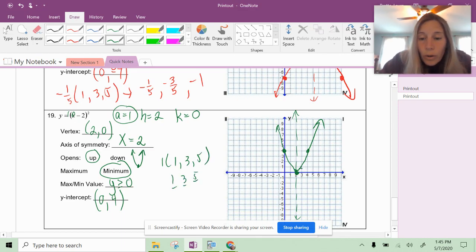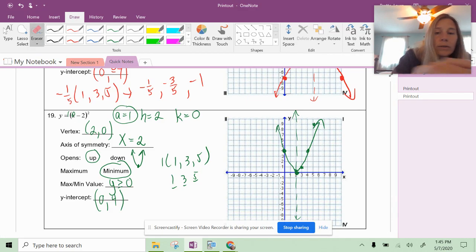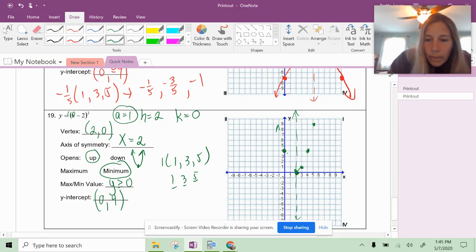So I would go up 1 over 1, up 3 over 1, up 1, 2, 3, 4, 5 over 1. So you can see my graph's a little crooked here. And on the other side, you would just match up those points there. So it looks like that.